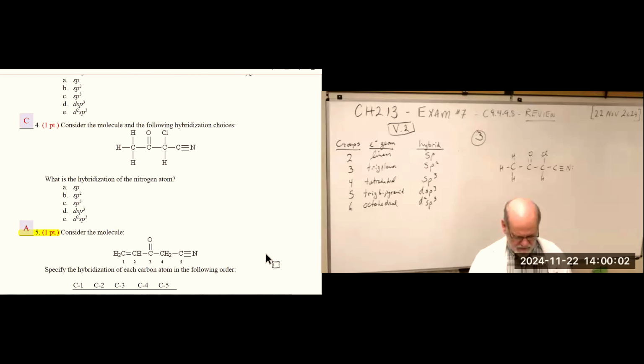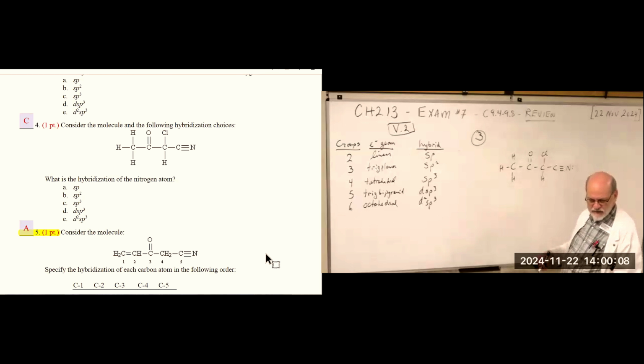Let's see. There's another one. Hybridization of the nitrogen. How about the nitrogen? It's not highlighted, but since we've already got it on the board, nitrogen has 1, 2 around it, so it's sp. This is sp2. And this one's sp also. The rest of them are sp3.